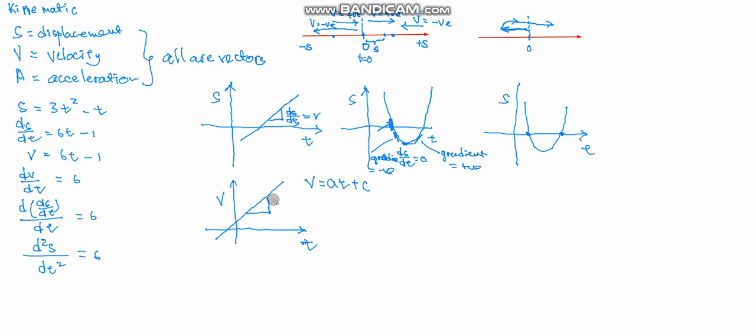If I take this dv over dt, the gradient of this line will be the acceleration. Okay, the gradient of this one is the acceleration, dv/dt, if it's a straight line.